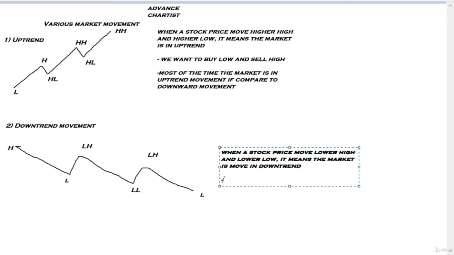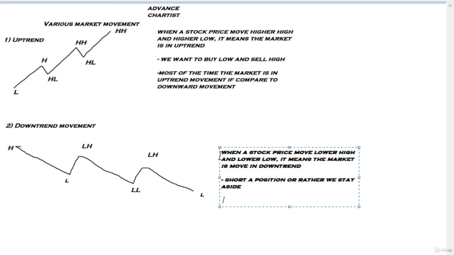What we're going to do is short a position in this market condition, or rather we stay aside. If we are looking to buy low and sell high during this market condition, which is a downtrend movement, we want to stay away from the market.